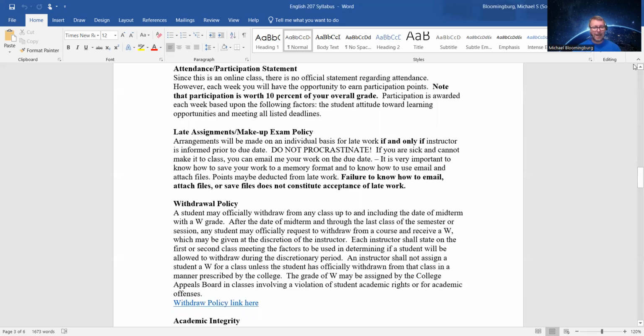We have 5 total modules that we'll be working through together. So participation is going to be awarded each week based upon the student's attitude towards learning opportunities and meeting all listed deadlines. So if you don't meet those deadlines or embrace with a proper attitude the learning opportunities, you're not going to earn your full point. So it is very important.